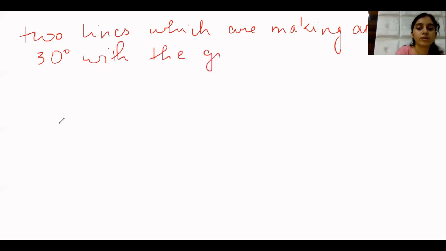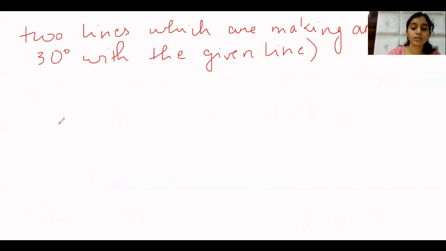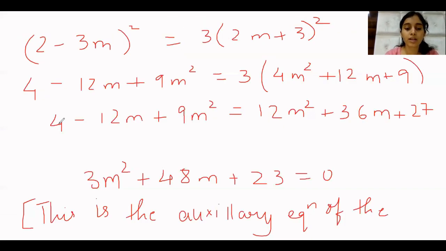Okay, simple. I'm writing this only so that whenever you refer to this, you know why this auxiliary equation has come. It has come from the angle of one of the lines and m1 of the given line. Now the given line has no relation to the combined equation that we are finding. That's why we have only used the angle that it is making with the combined equation.